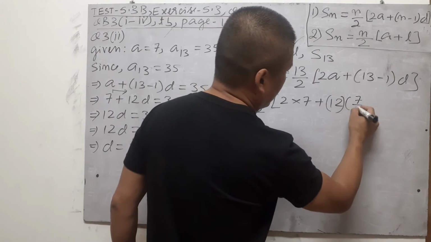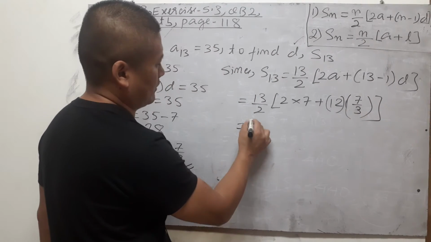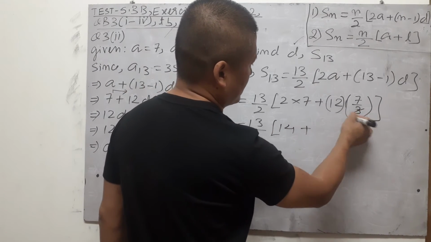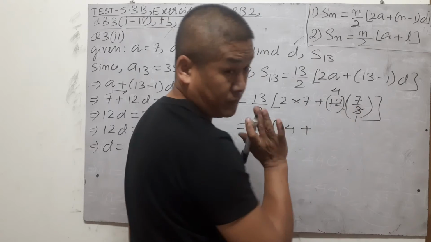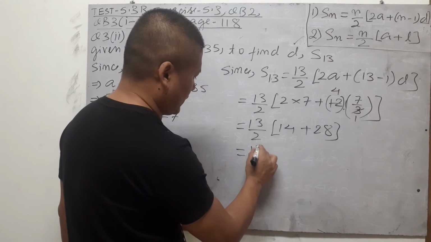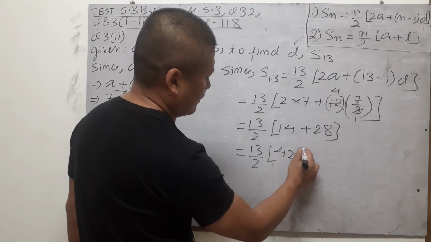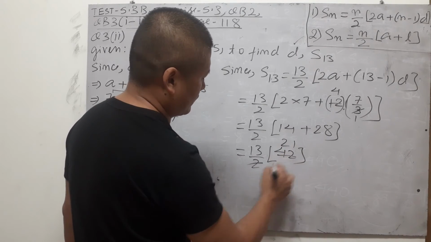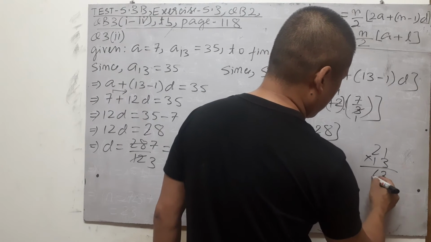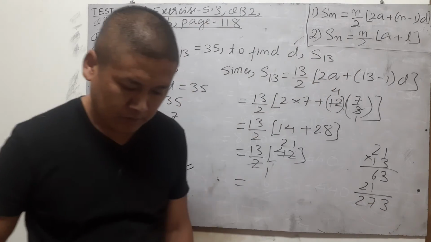So 13 by 2 into (14 plus 3 fours are 12, 4 sevens are 28), which gives 14 plus 28, that is 42. Now we can cancel 2 ones are 2, 2 twenty-ones are 42. So 21 into 13 will be our answer. 3 ones are 3, 3 twos are 6, 1 one is 1, 1 two is 2. That is 273. Yes, correct.